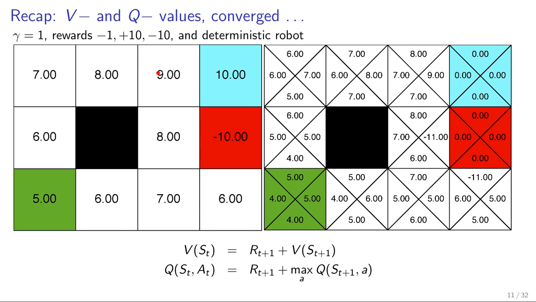You need to do some effort. For example, there was this policy extraction. So with the Q values, it's all clear and there's no additional computation needed. Okay, and these are the Bellman equations.